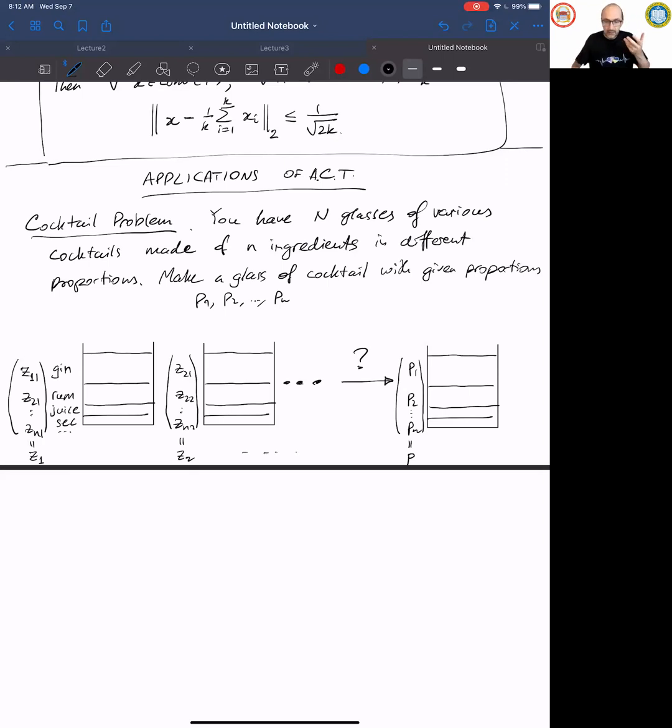So we have capital N glasses, so we have capital N vectors, Z1, Z2 through Zn, and we would like to cook a given vector P out of them with a lot of restrictions. What do we need?